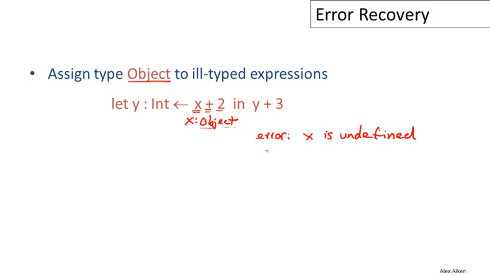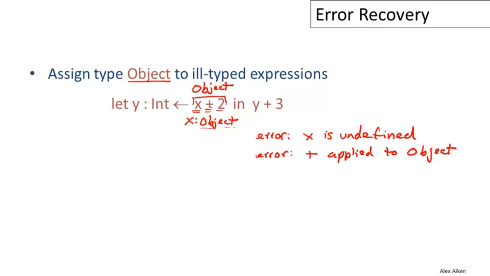And of course, plus doesn't work on things of type object. So we'll get an error, something like plus applied to an object. Then we'll have to decide, now that we couldn't type check this plus, what the type is of x plus 2, so this whole sub-expression. And of course, our recovery strategy is to say that it also has type object.